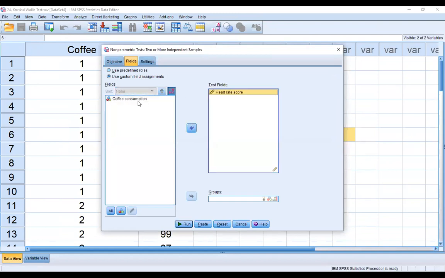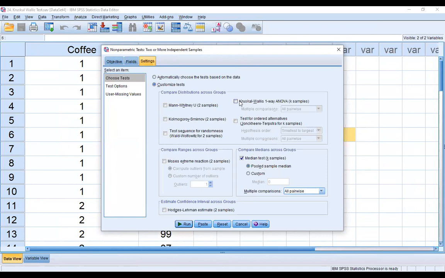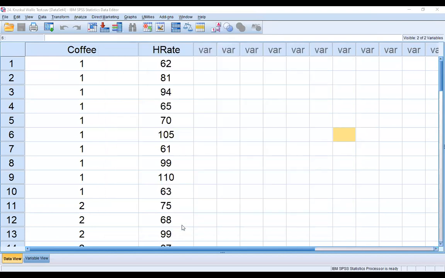I am transferring coffee consumption to the grouping variable, and then setting the Kruskal-Wallis test, one way ANOVA and all pairwise. Okay, multiple comparison. We will get many comparisons: 1 with 2, 1 with 3, 1 with 4, 2 with 3, 2 with 4, 3 with 4. So many comparisons we will get. And then run.